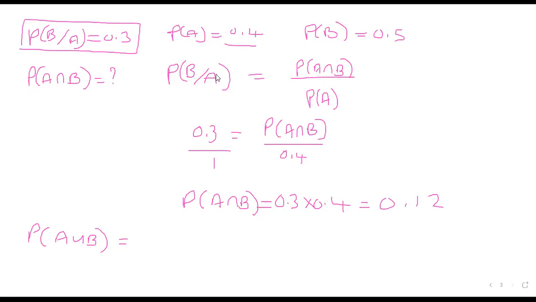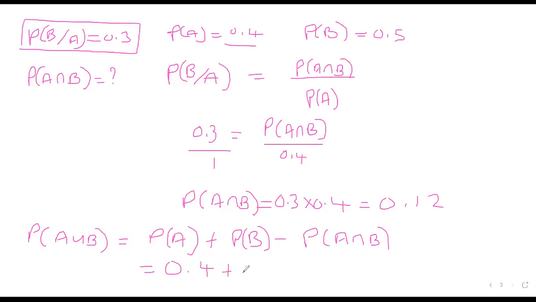It's the probability of A plus the probability of B minus A intersection B. So our A is 0.4, our B is 0.5, and the intersection is minus 0.12.